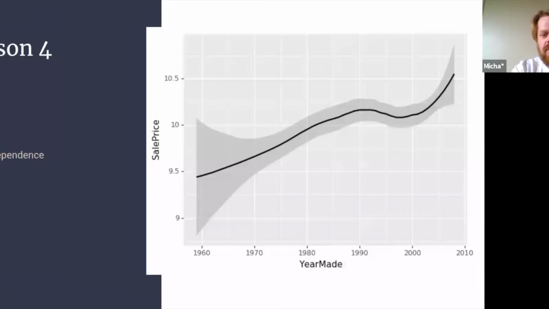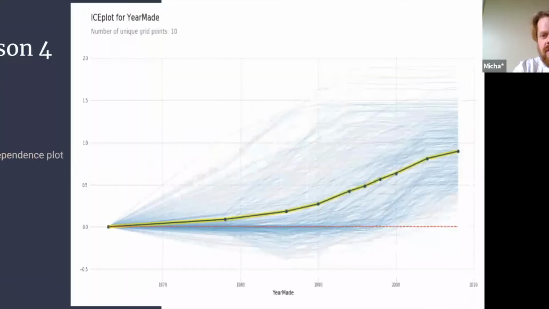So I think this graph, that's the way he was explaining it. The way you create this plot is quite interesting. So you replace, in this case, the year made column with each year that's under investigation. I think he started like 1960 or something like that.